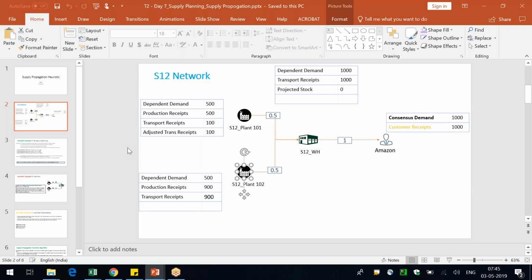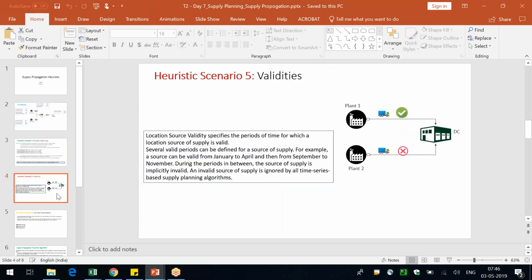So you can create multiple production versions 1, 2, 3, and every version can have a different BOM structure to it, different consumption rates, etc. So you can very well say like within this duration, this production version is not valid. Then the supply planning algorithms will push the demand accordingly to the valid sources of supplies.